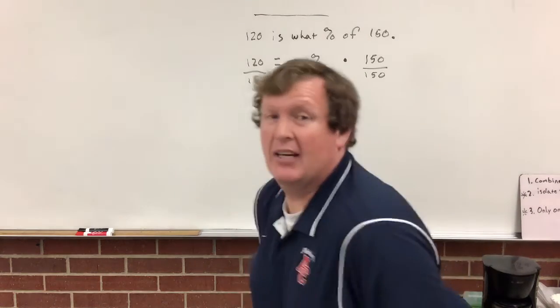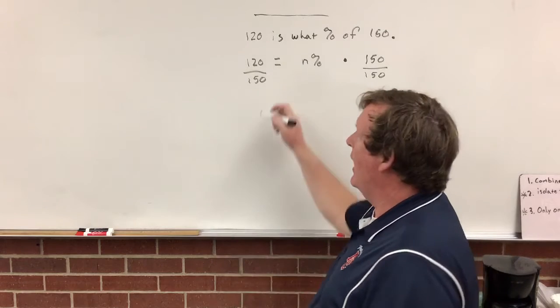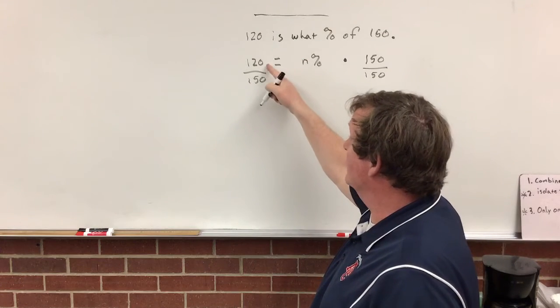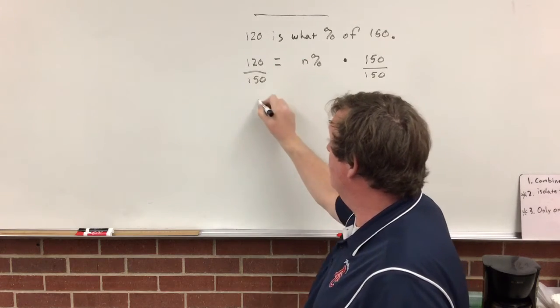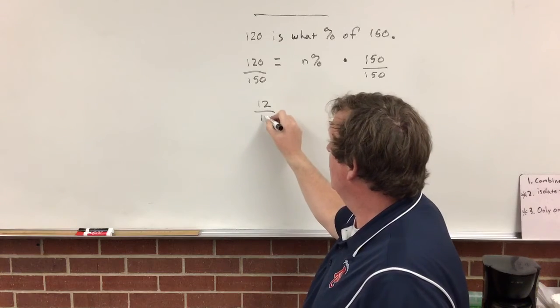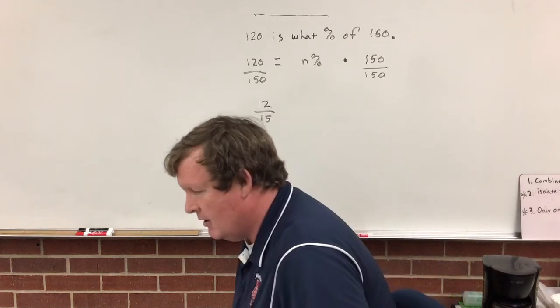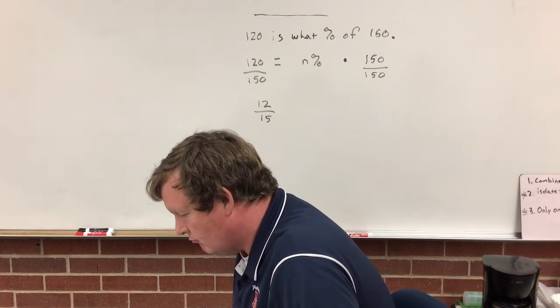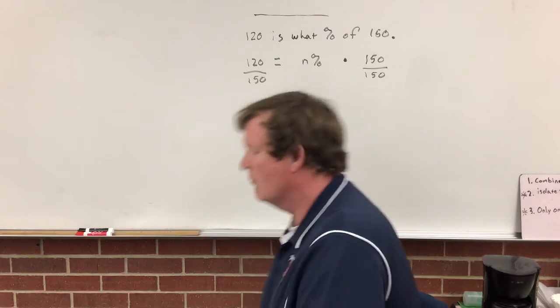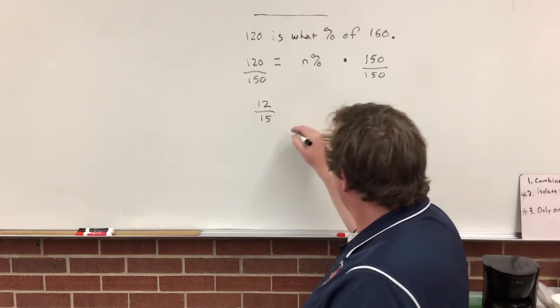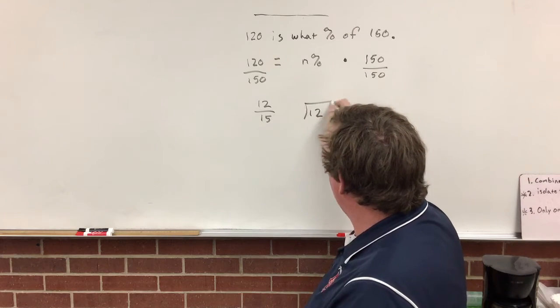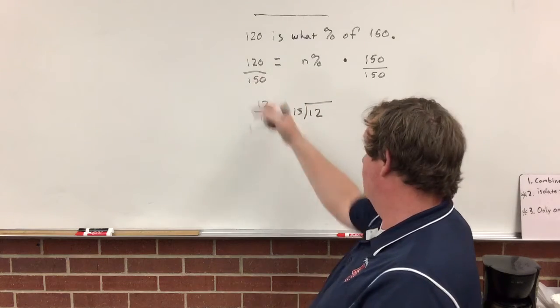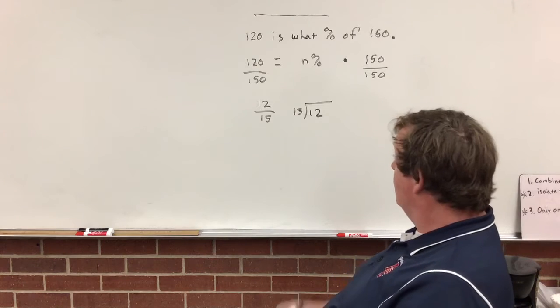If I could, I am actually going to reduce this down because I know that 10 goes into 120 and 150. So it's going to be 12 over 15. Okay, so then I take my 12, put it in the box, 15, not 5, but 15. I said 5, but it's 15. 15 outside.